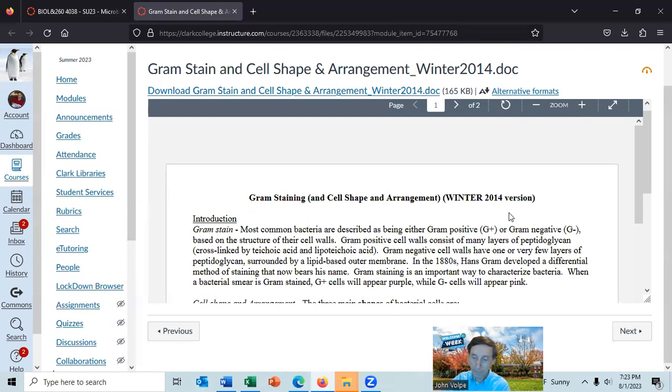So you cannot determine the cellular growth arrangement from the gram stain. That's my only warning. You need to do the cellular growth arrangement test if you want to determine the cellular growth arrangement. And how you do that is you just grow the culture in liquid culture and then look at the stain, and then you can determine the cellular growth arrangement. All right, that's one warning.